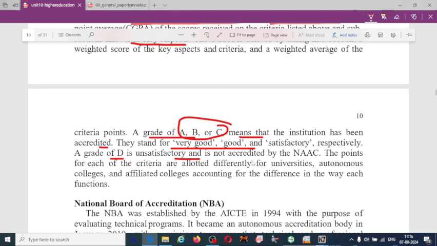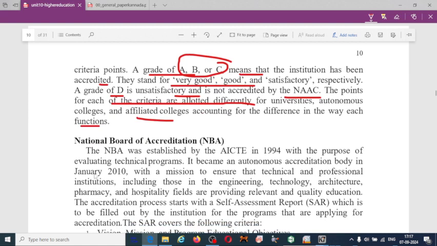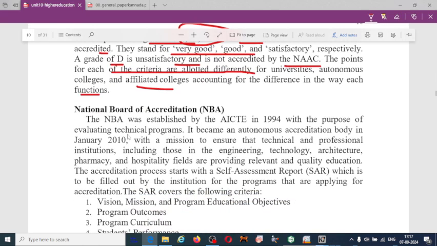D means unsatisfactory, which is accredited by NAAC. Points for each of the criteria are allotted differently for universities, autonomous colleges, affiliated colleges, the way they function. Next comes National Board of Accreditation, NBA.